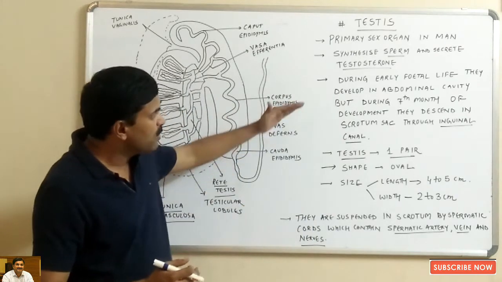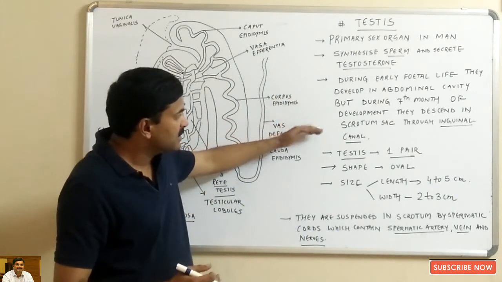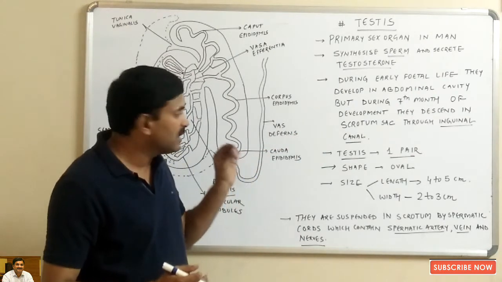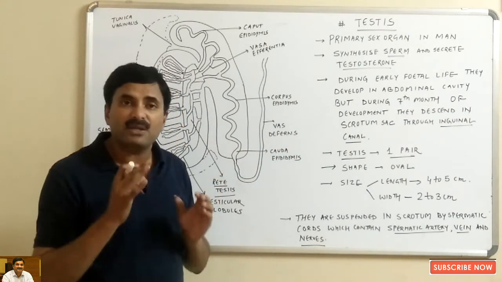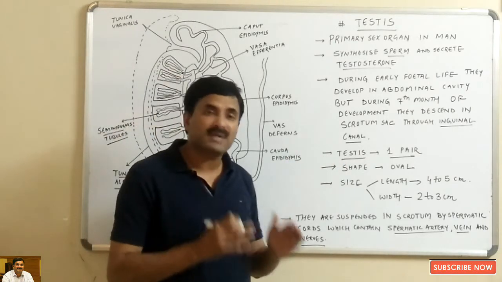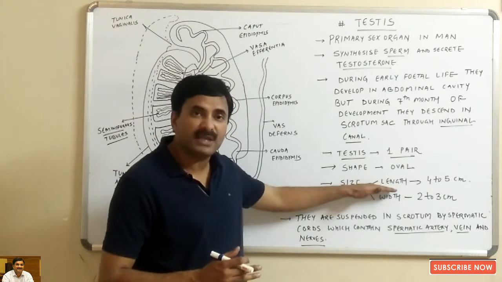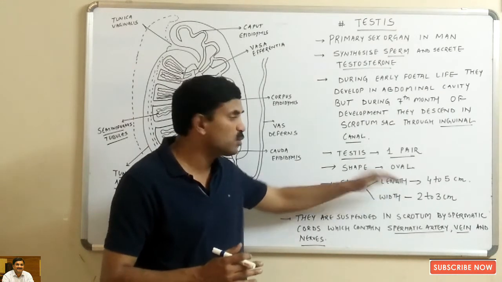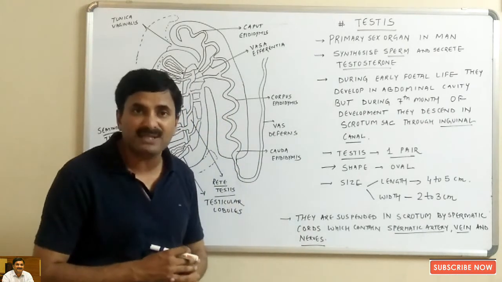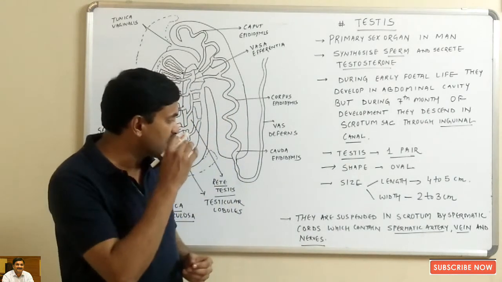Okay, now let's have a look here. The testes are one pair, and the shape of the testes is oval. What about the size? The length of each testis is 4 to 5 centimeters, and the width of the testes is 2 to 3 centimeters, right?